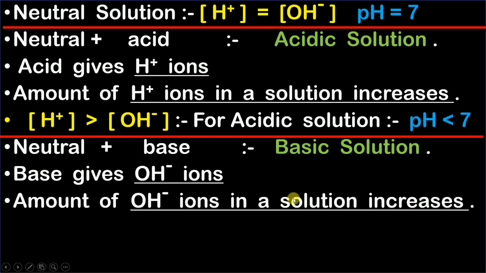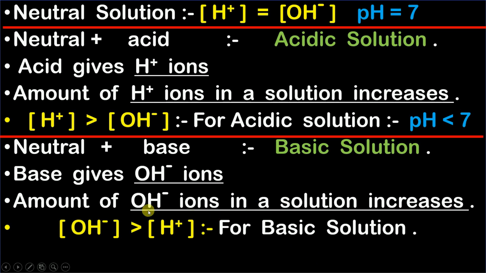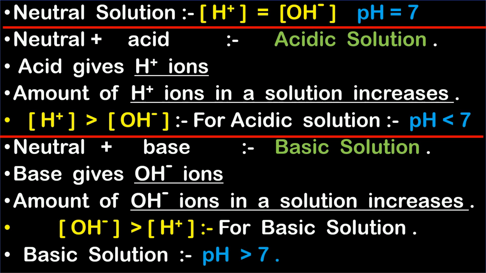As a result, the molar concentration of OH minus ions becomes greater than the molar concentration of H plus ions. This is the condition for a basic solution. And as we all know, for a basic solution, the pH value will obviously be greater than 7.